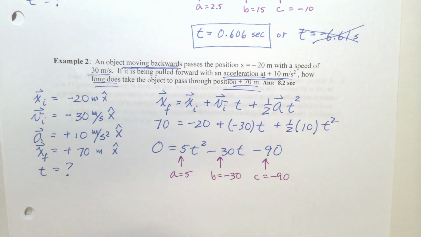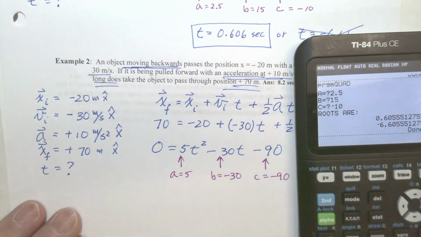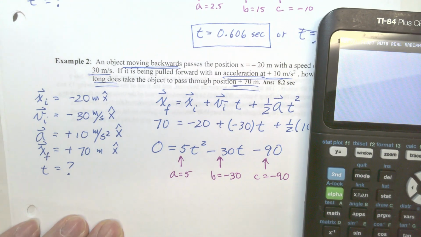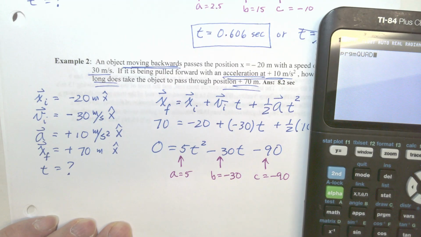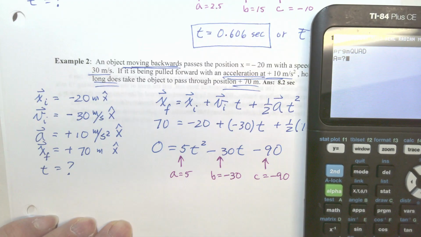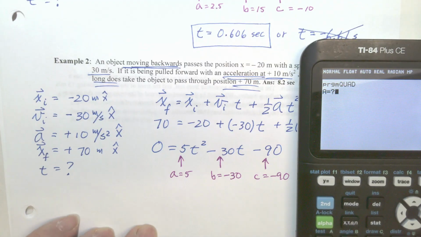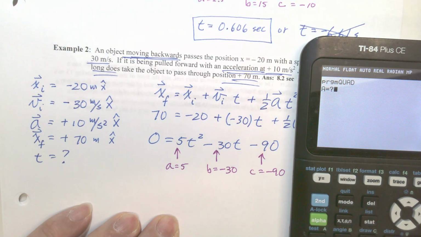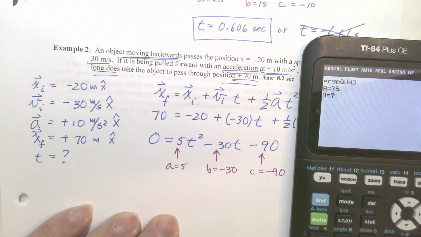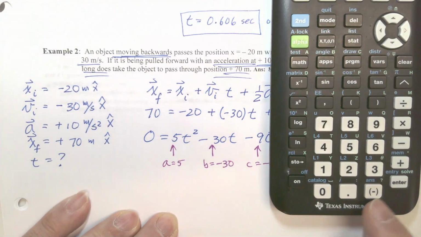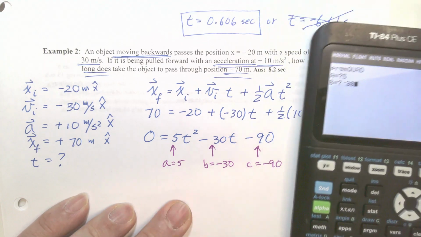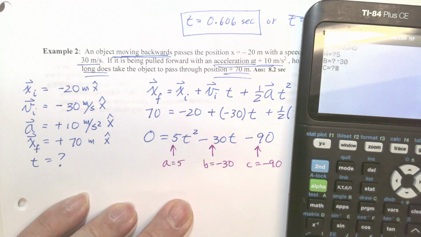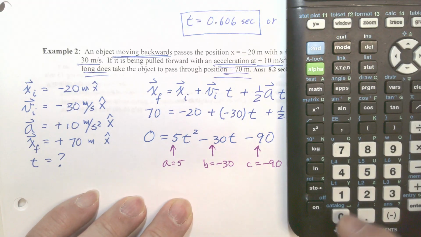Then again, you use your quadratic formula program. Go into program, you select quad, you hit enter, and then they prompt you for A, which is 5. Enter. Negative 30, again you hit this negative, and then enter. And then negative 90.